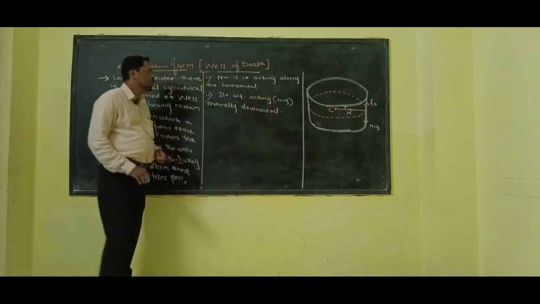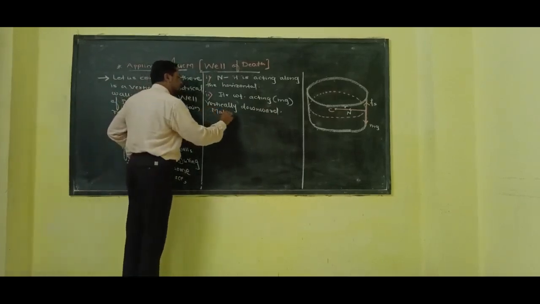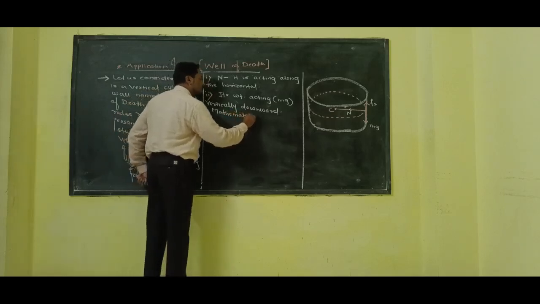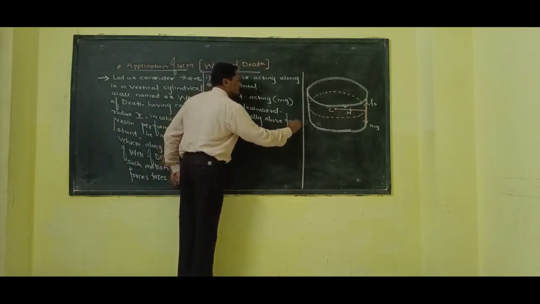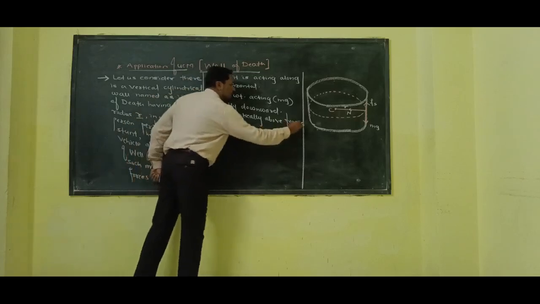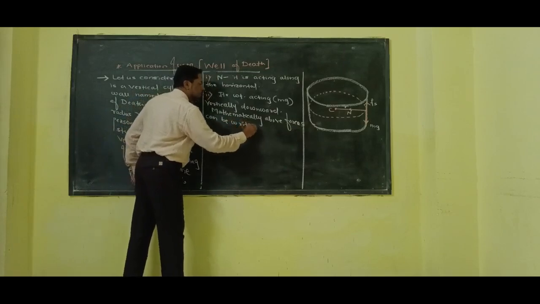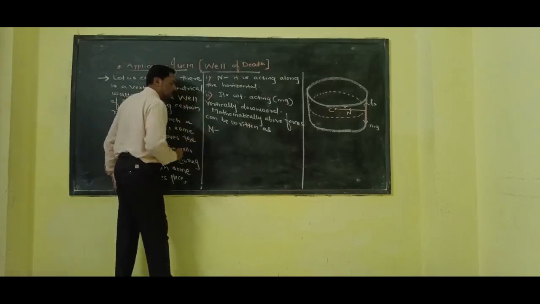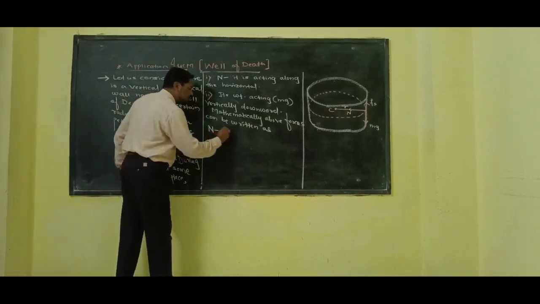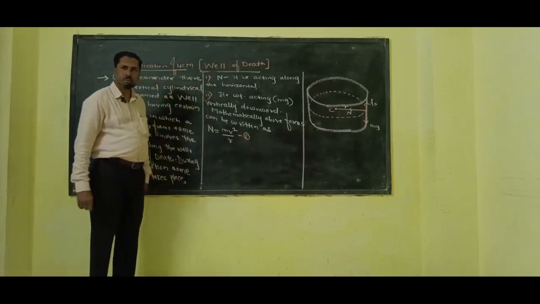Both these forces we can write mathematically. Mathematically, the above forces can be written as: N, the normal along the horizontal, that is useful for centripetal force, so N is equal to mv square by r, equation number first.